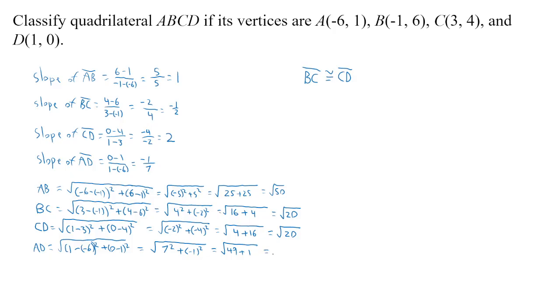And 49 plus 1 is the square root of 50. So therefore, the length of segment AD is the square root of 50. Therefore, segment AB is congruent to segment AD. Therefore, we have a kite.